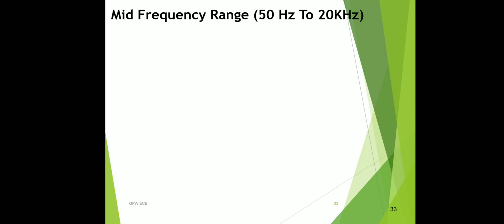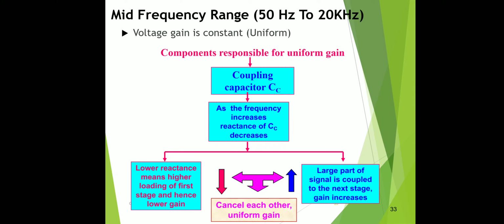Now the third section is the mid frequency range, and this frequency is from 50 Hz to 20 kHz. In this range, the gain is constant. Voltage gain is constant, right? Why is this gain constant between 50 Hz to 20 kHz? This is due to the coupling capacitors.